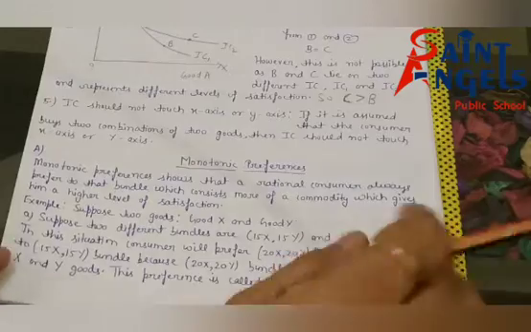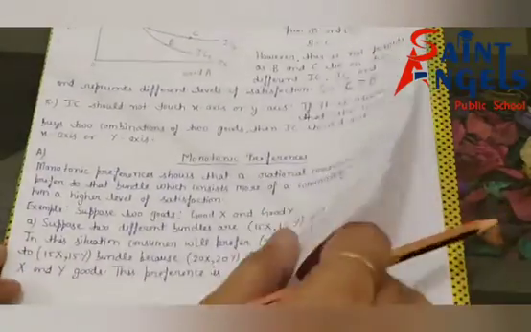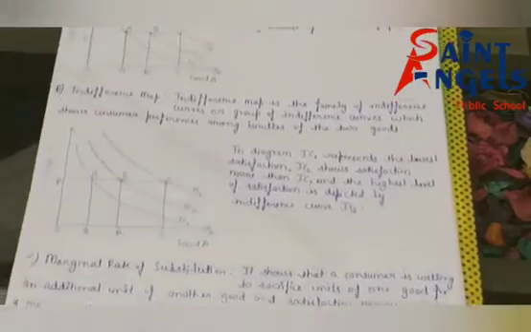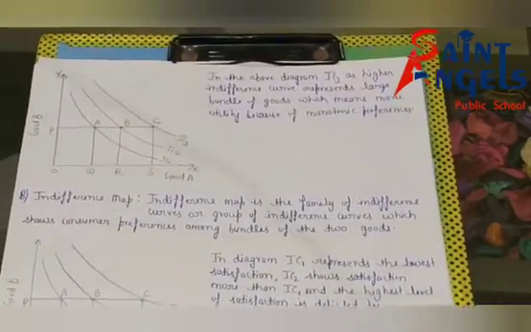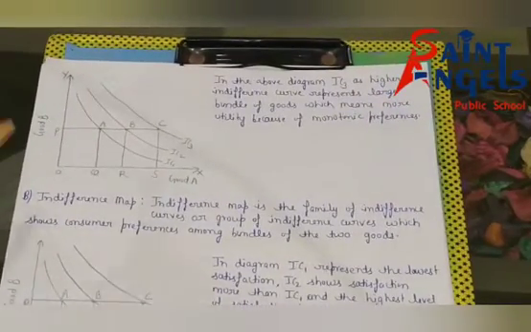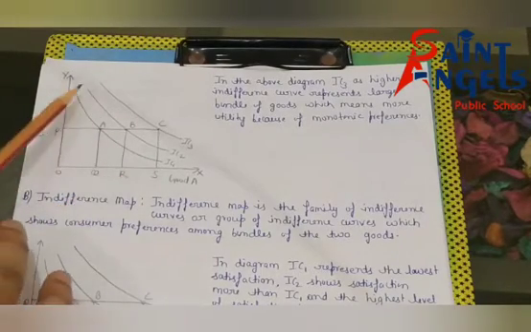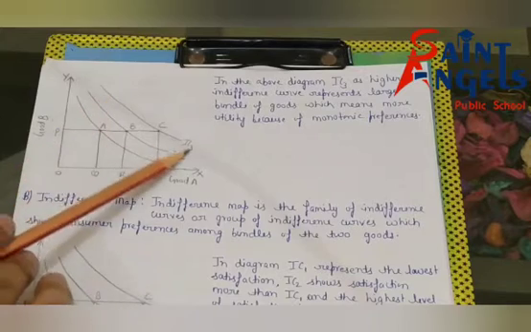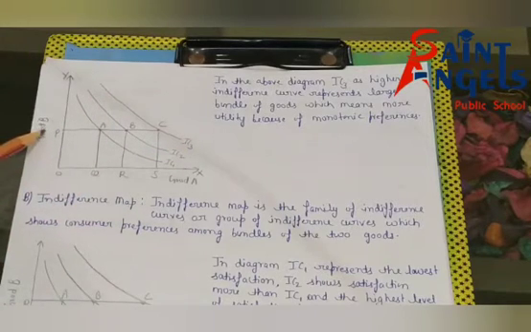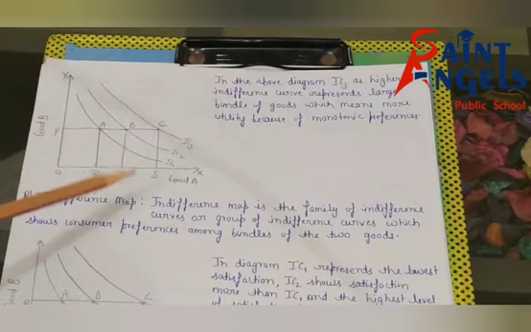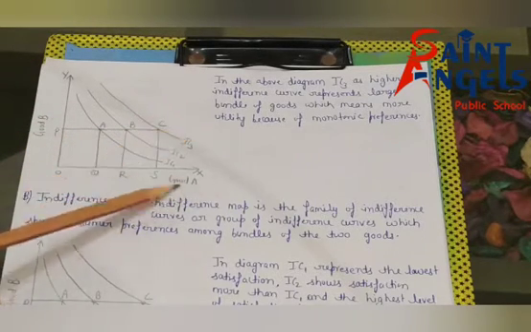After this we will discuss monotonic preferences with the help of a diagram. You know that this is IC1, this is IC2, this is IC3, and good B is measured on the Y-axis and good A is measured on the X-axis.